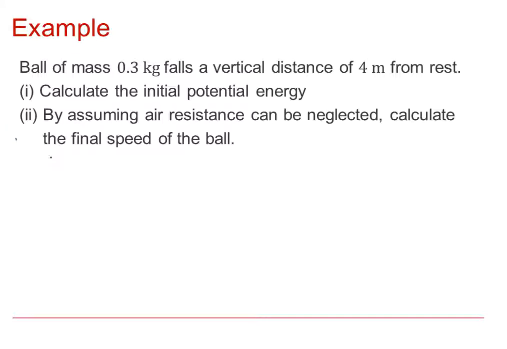So, the initial gravitational potential energy, if we take ground level as being 0 height, we can get from mgh: mass 0.3 times gravity 9.8 times height above the ground 4 meters, which gives me 11.76 joules of potential energy.